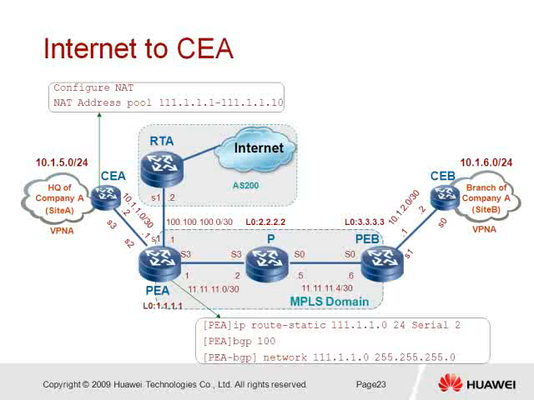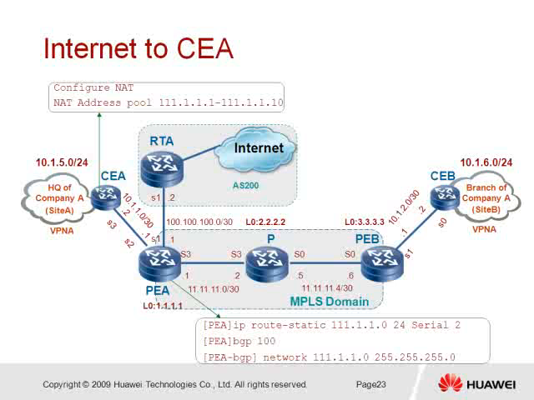On PEA: bgp 100, network 111.1.1.0 255.255.255.0. It can also be done by configuring a static route on RTA: ip route-static 111.1.1.2 24 100.100.100.1.